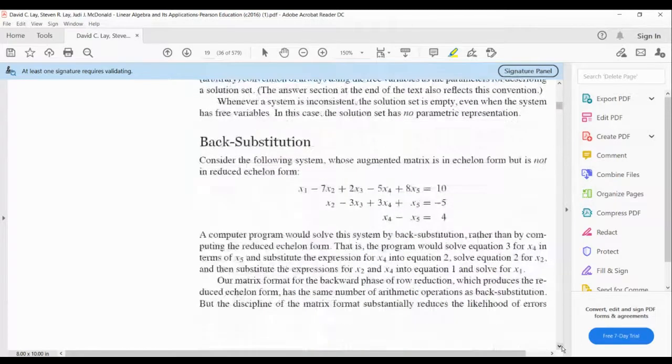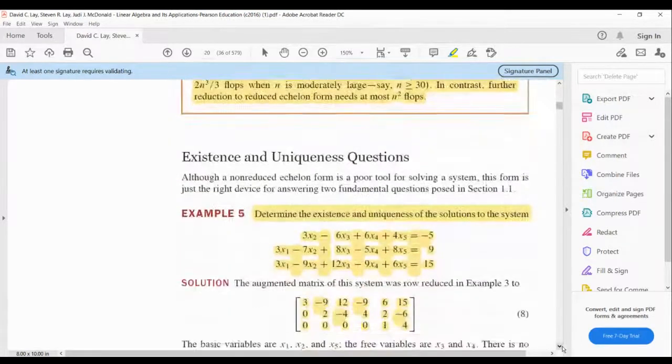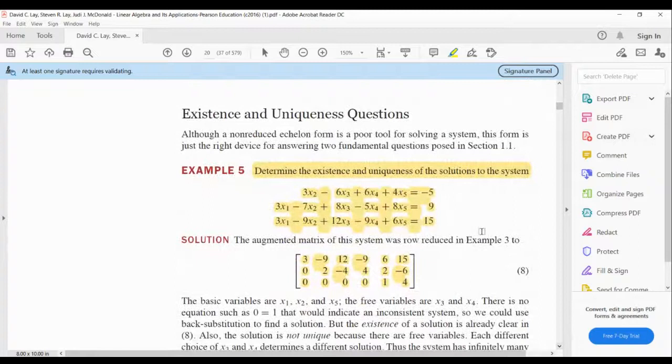Given that, the reason I wanted to review that is because in example 5, this system of equations got reduced to what you see here, and you have 3 basic variables and 2 free variables. Okay, 3 basic variables and 2 free variables.